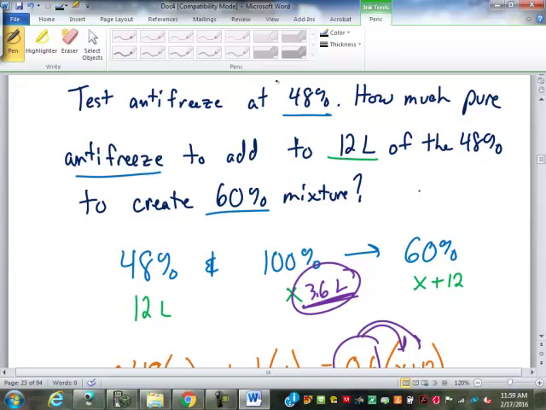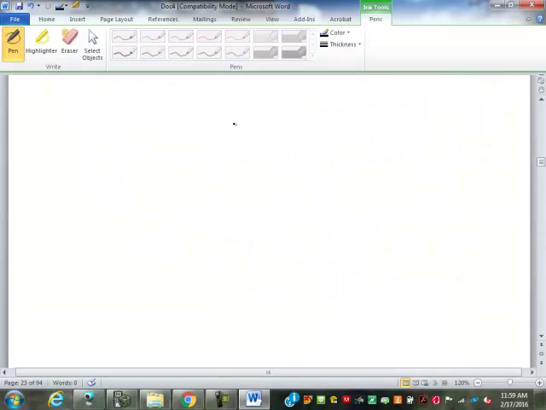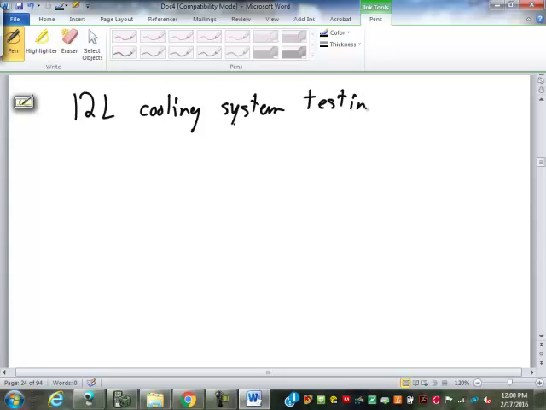Now this problem is a great stepping stone to the next variation of this problem. Normally, you don't just have free reign to add as much antifreeze into a cooling system as you want to. There is a set volume that that cooling system has, and you can't go over it. So let's just say we have a 12-liter cooling system testing at 40%.